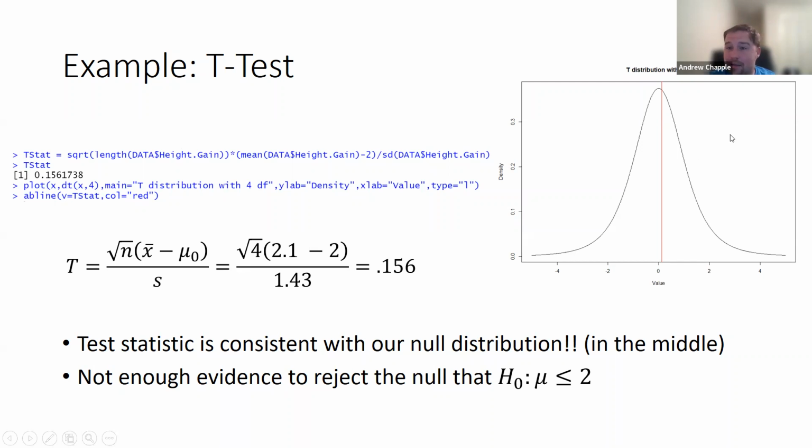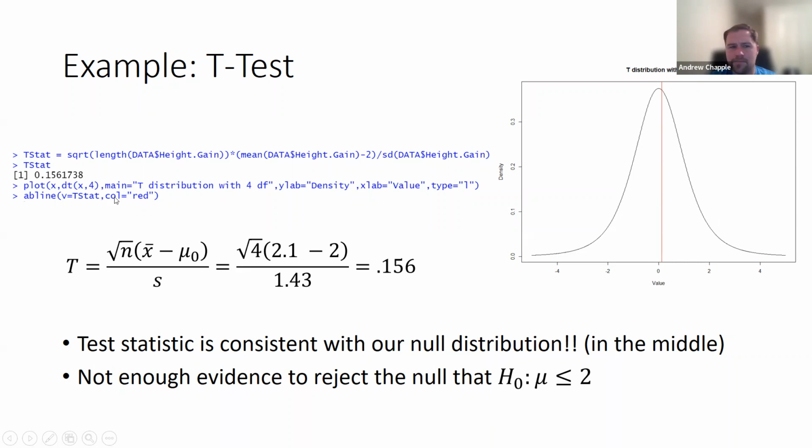Anything that's way outside, maybe way out here past 4, is going to be inconsistent with the null hypothesis. Why? Because if the null hypothesis is true, then our test statistic, this red line, should follow this distribution. So it should be somewhere in the middle if the null is true. If it's false, it's going to be way outside of it. So there's definitely not enough evidence to reject the null here.